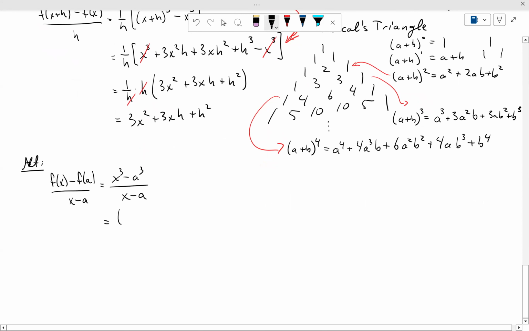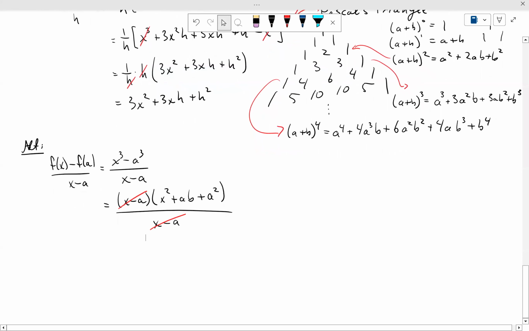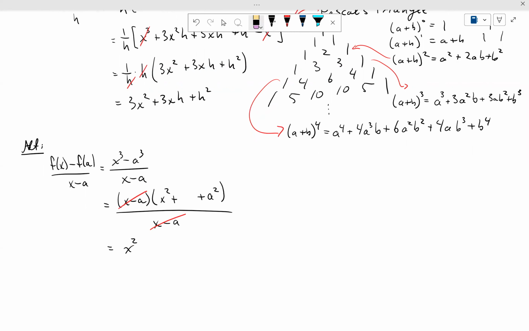The numerator factors as x minus a times x squared plus ax plus a squared, all over x minus a. So now these two factors can reduce out nicely. And you're just left with x squared, oops, not ab, that's supposed to be ax, plus ax plus a squared.